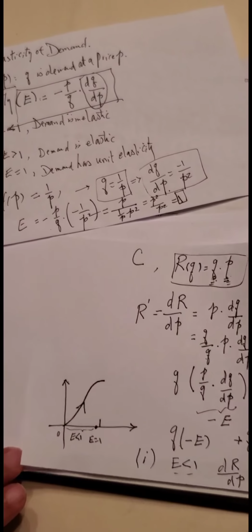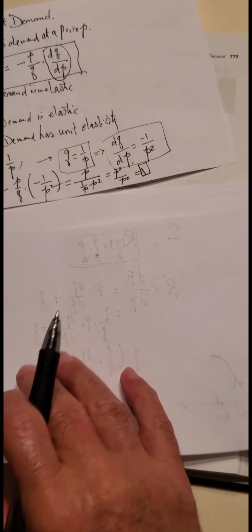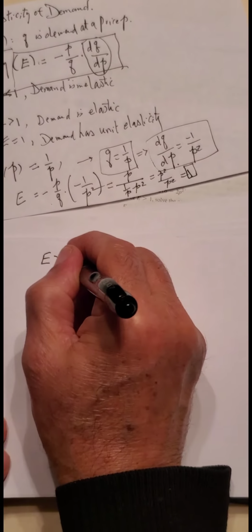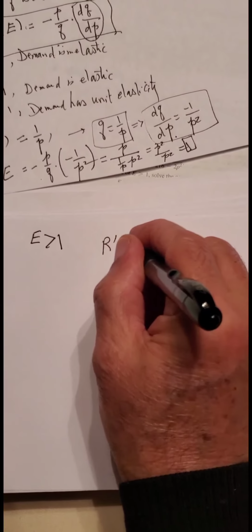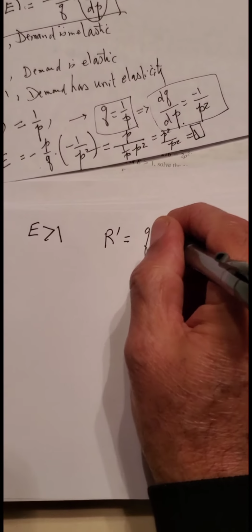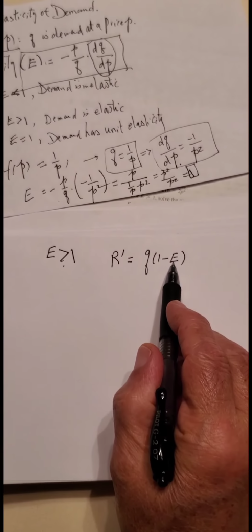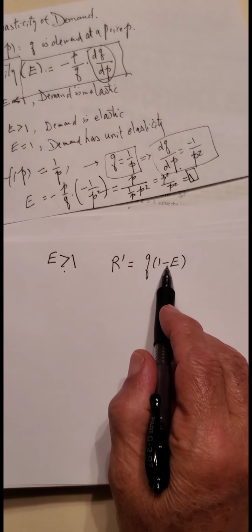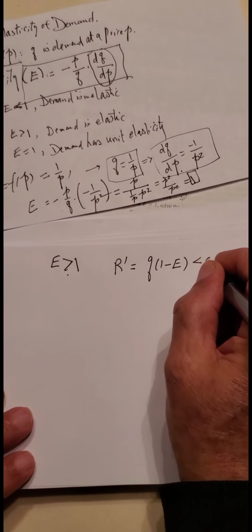Second case, which we had, was when E is greater than 1. If E is greater than 1, then what happens? If you look at the first derivative, R prime was Q times 1 minus E, and E is bigger than 1, let's say 2 for instance, then 1 minus 2 would be negative. Negative times Q becomes negative, so this becomes negative.